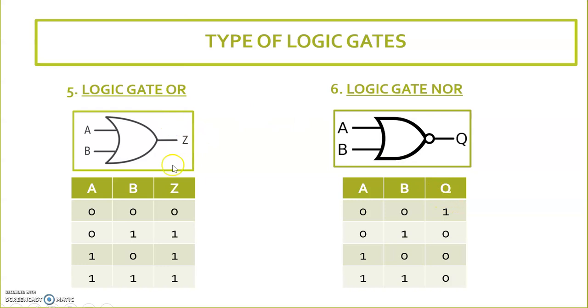When we take a look at the truth table for logic gate OR, when 0, 0, the output is 0, but it's different for NOR. For 0, 0, it will be 1, because NOR is actually not OR, it's the opposite of OR. For input 0, 1, the output will be 0, input 1, 0, output 0, and 1, 1 will be 0.